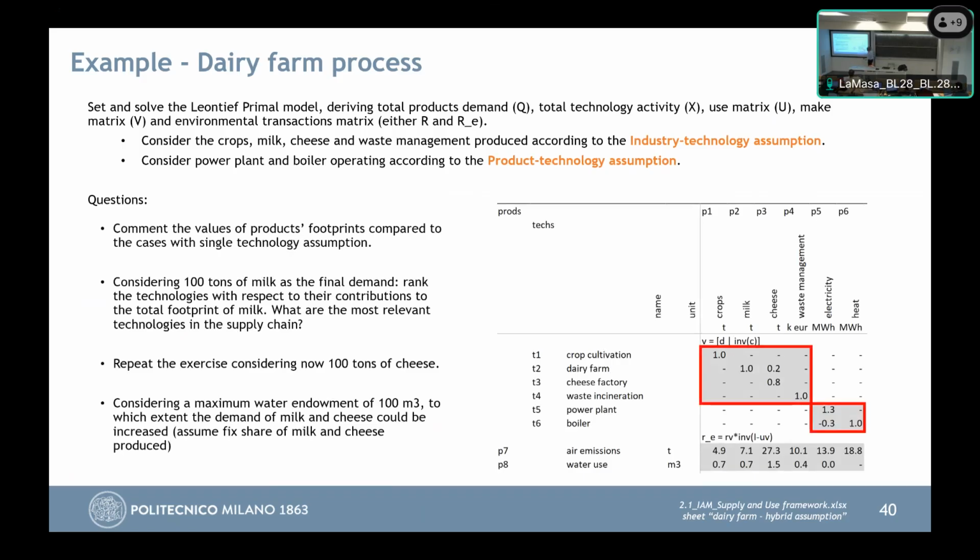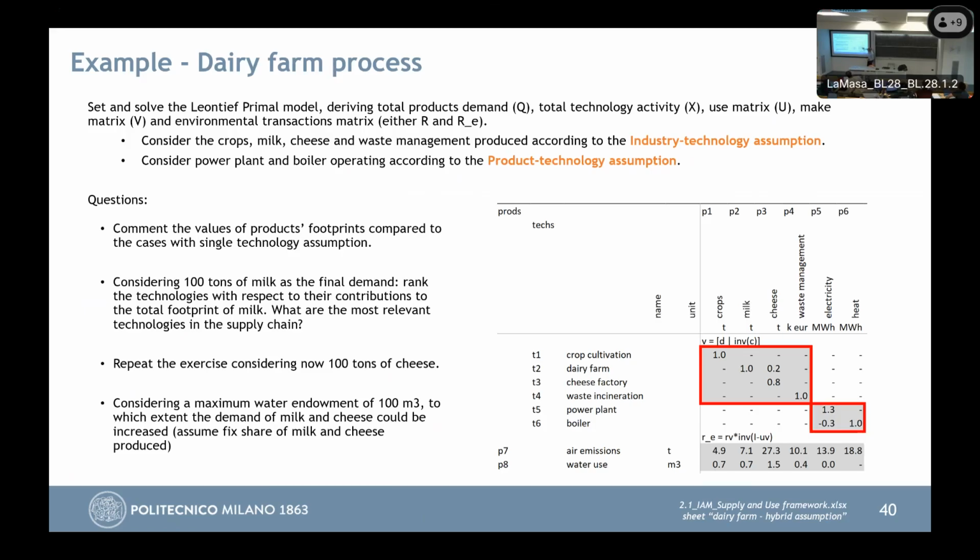On one hand, we have the cluster composed of crop cultivation, dairy farm, cheese factory, waste incineration, that work with matrix D, so with market shares. So whenever a product is demanded, it is produced by a share of different technologies according to fixed proportions.